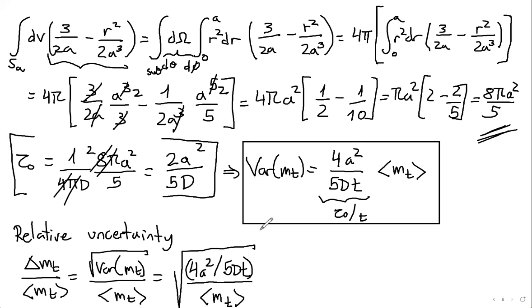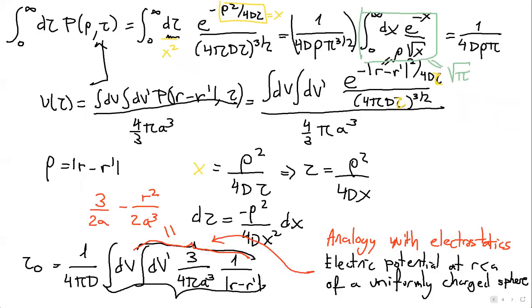Now remember that I'd like to express this in terms of the real concentration. The goal of this part of the lectures was to understand the time the cell needs to measure in order to have a given uncertainty, which I call epsilon, when the cell is in a pool with average concentration given by C bar. So I would like to express mt in terms of C bar, the real concentration.